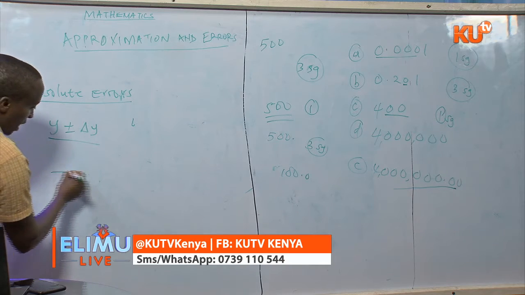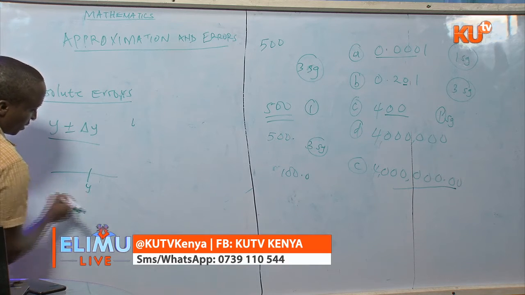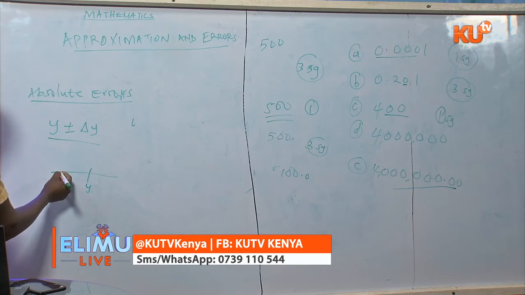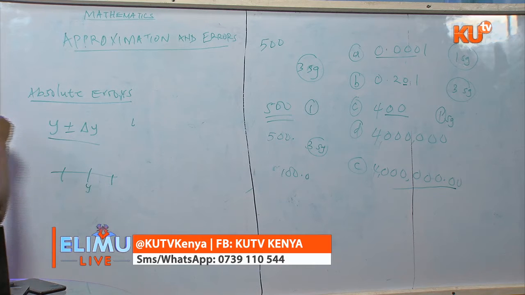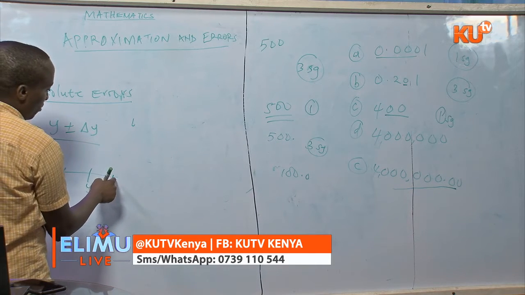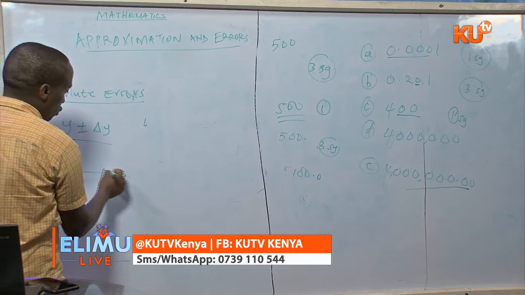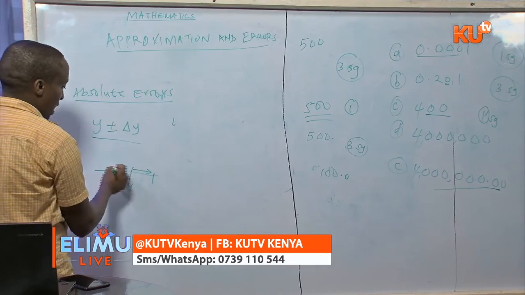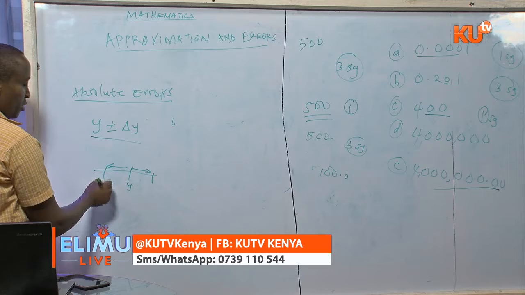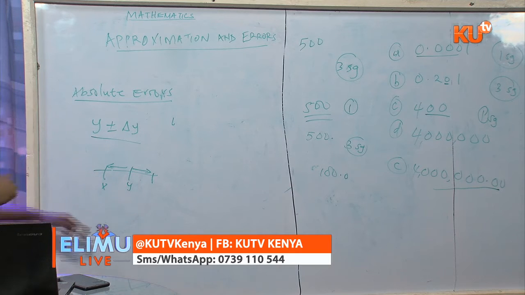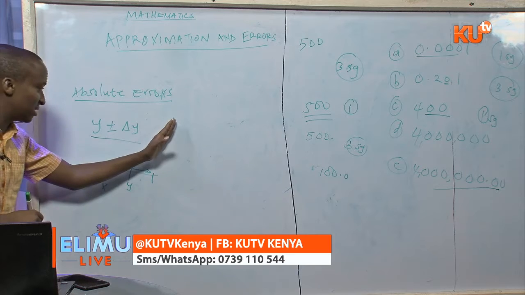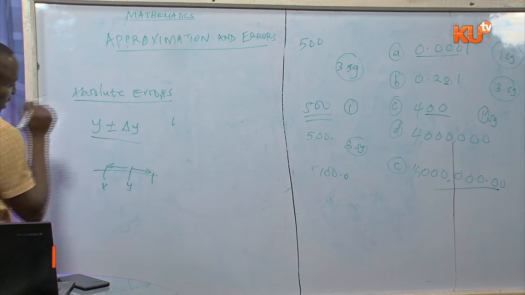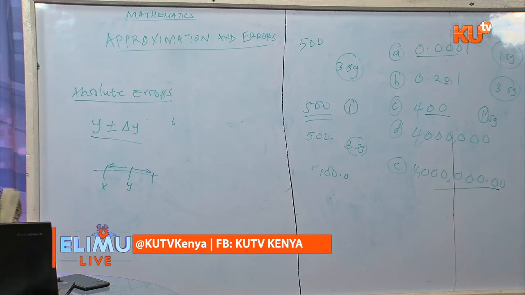So what do I mean? If the actual number is here, that is Y, and maybe the measuring unit of this one, the change of Y can be positive and can be negative, because this will be minimum and this will be maximum. But we'll come to this one. The absolute error is the error of uncertainty, which is always denoted by this one.